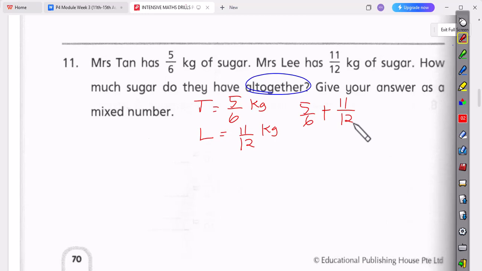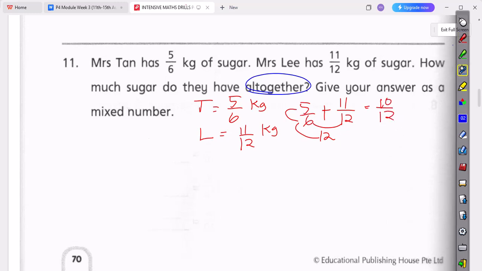As what we have learned before, to add fractions, we need to make the denominators the same first by finding the least common multiple of both denominators, and we got 12. And we try to find the equivalent form of these fractions. We have 12 divided by 6 is 2, 2 times 5 got 10 out of 12.